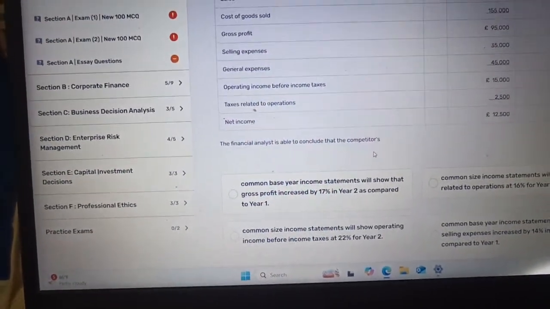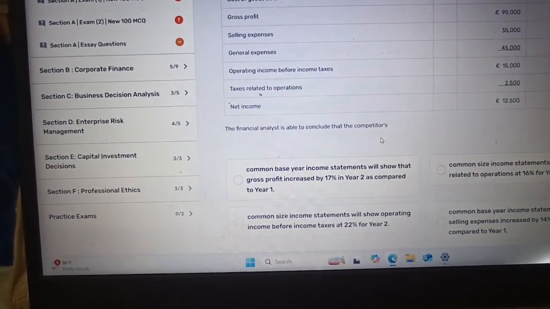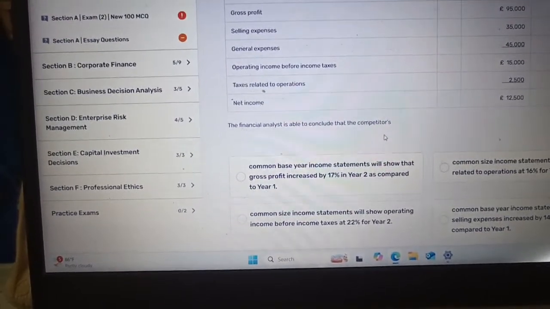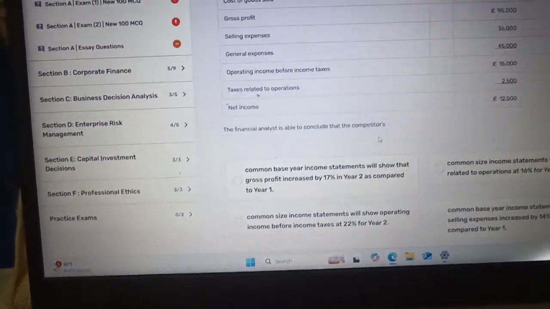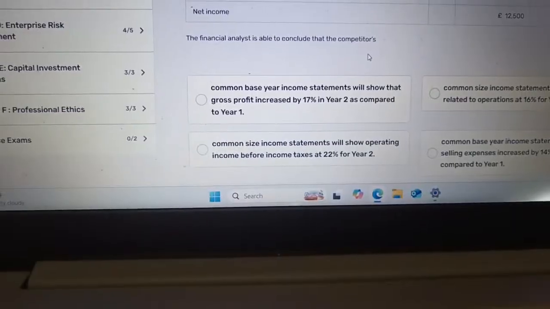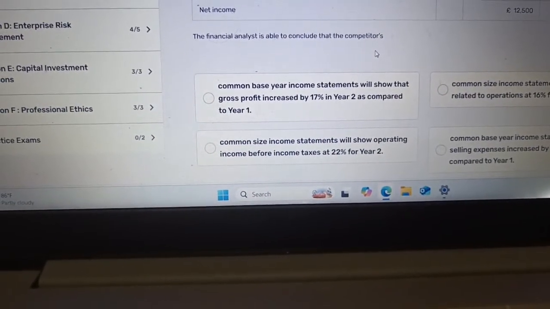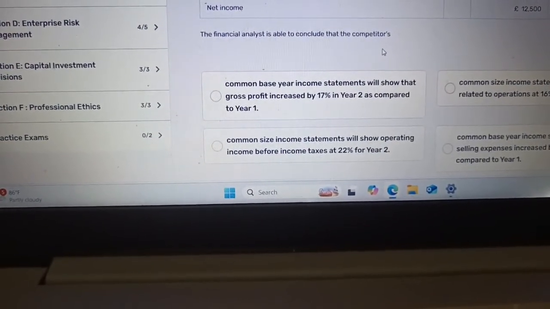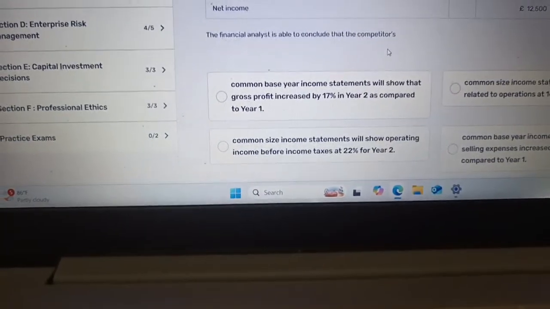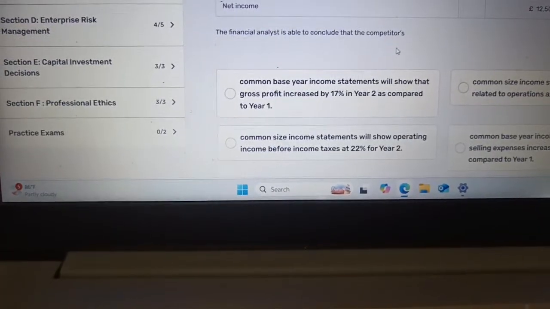What is this saying? The common base year income statement will show that the gross profit increased by 17% in year 2 as compared to year 1. This is not correct. We have to eliminate this first option. And the common size income statement will show tax related to operations at 60% for year 2.